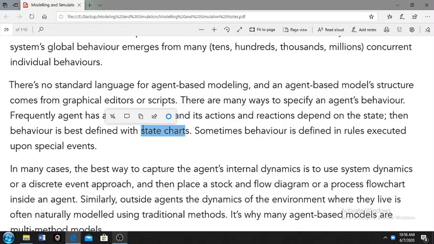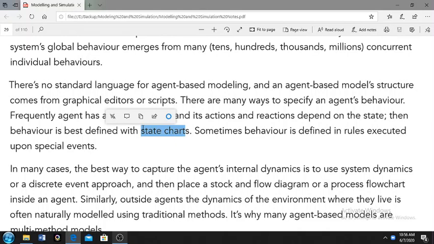So these are the behaviors that an object can expose. If we have an object like a bill, a bill can be recorded, displayed, or printed, for example. So this is the behavior of a bill.